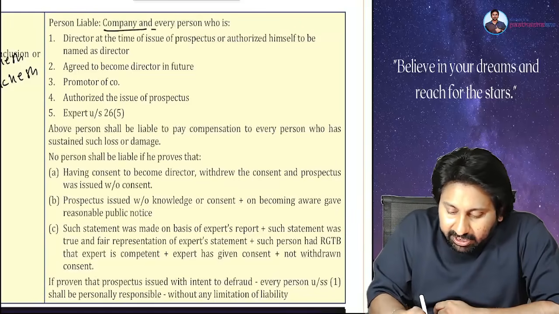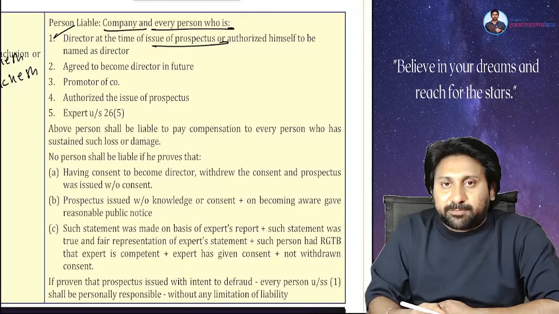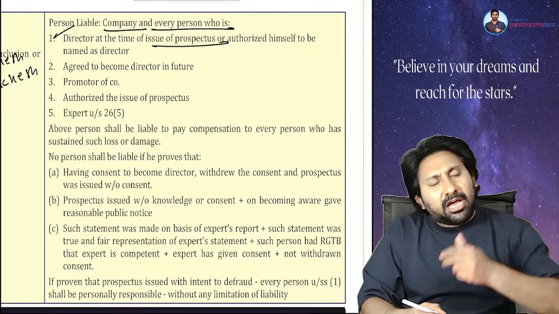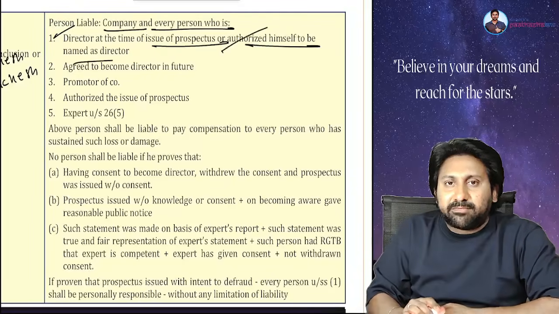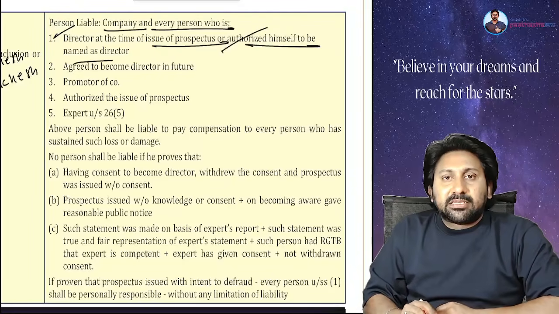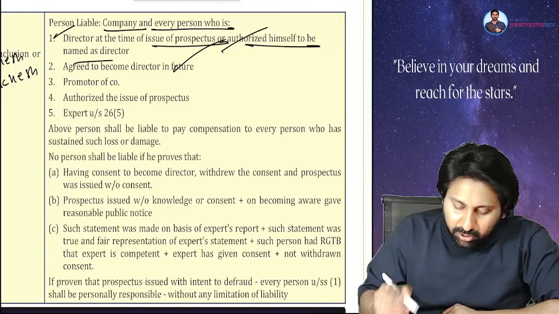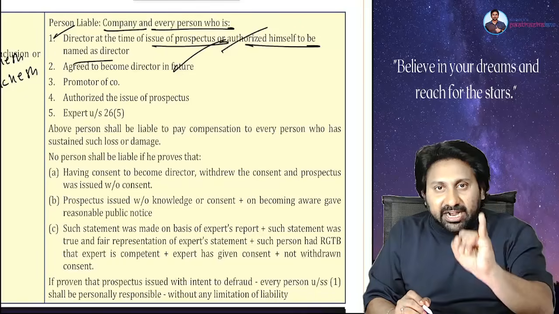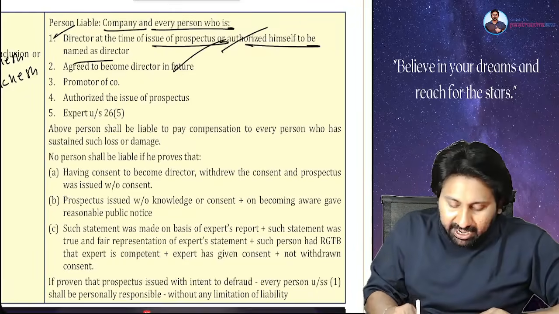The company is liable. Every person who is a director at the time of issue of the prospectus. Some people will tell you, write my name as a director in your records; those who authorize themselves to be named as directors. Some directors will say, write my name, I agree to become director. So both kinds of directors, including proposed directors, become liable.